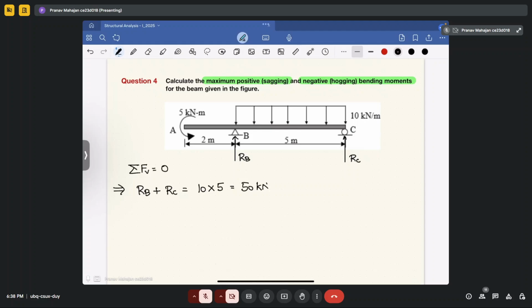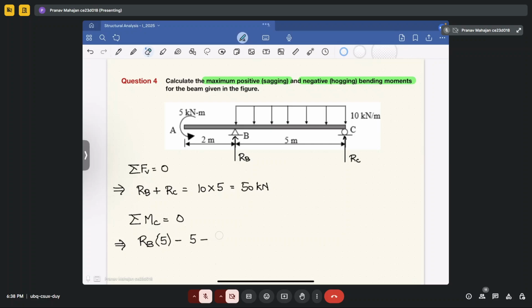Fine. Now calculate moment about any point. So let's say I am taking in this case moment about point C equal to 0. So in this, take clockwise moment as positive, that is RB into 5 minus 5 kilonewton meter, that is acting at support A. Then you have the bending moment due to this loading.